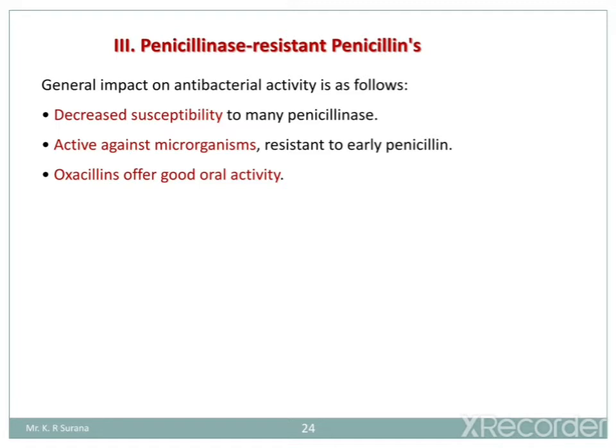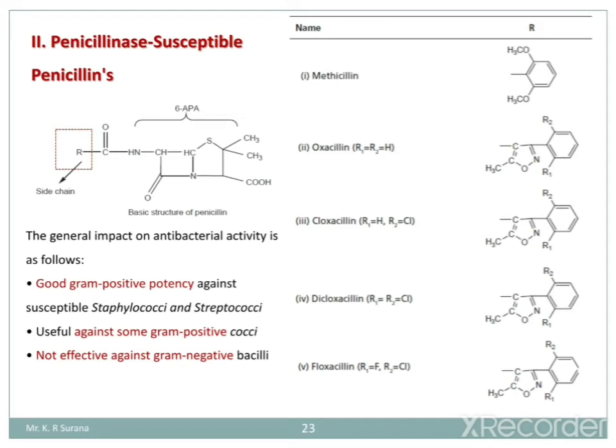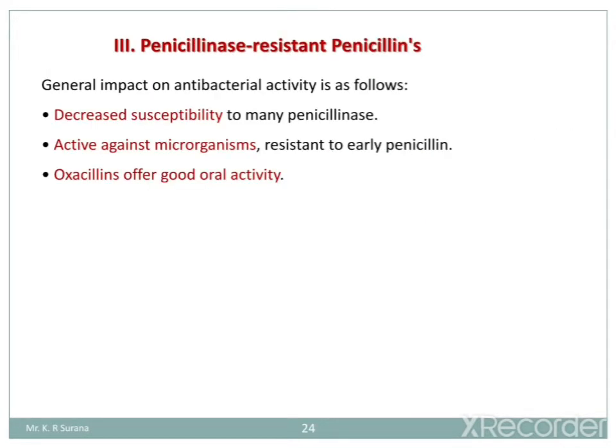In this case these penicillinase resistant penicillins are useful. Oxacillin offers good oral activity. So the example from these penicillinase resistant penicillins is oxacillin. The structure of oxacillin was given in the previous class, in the second class, and you have to write the same structure in this class.